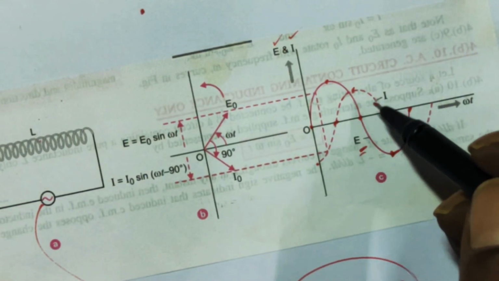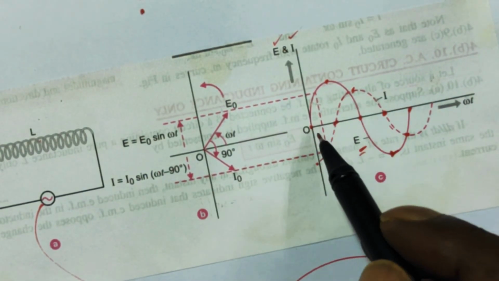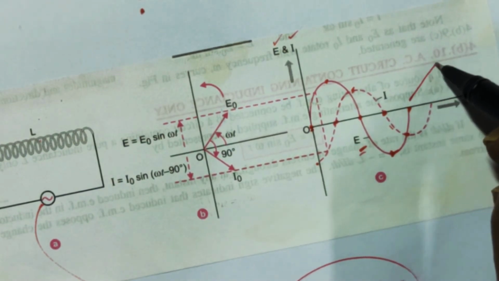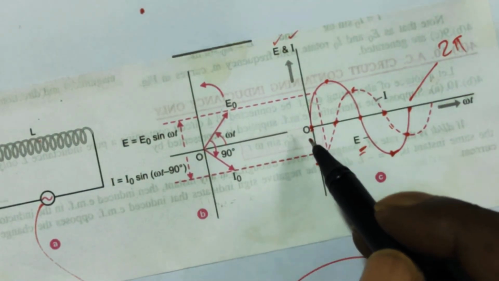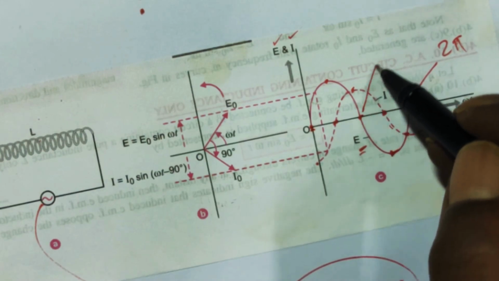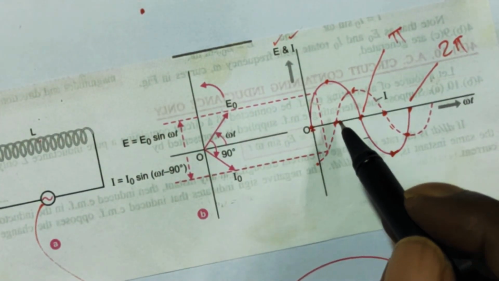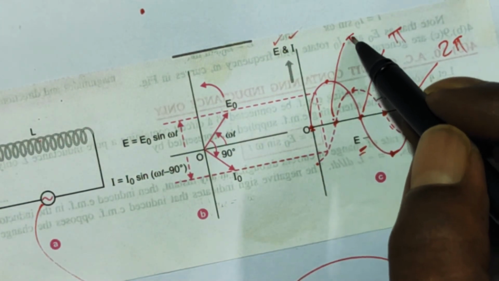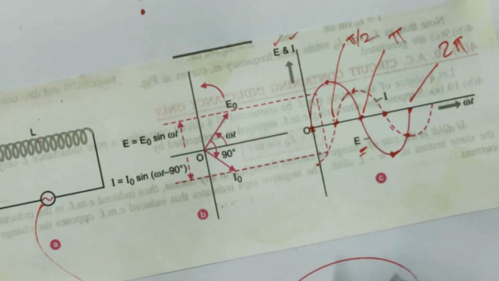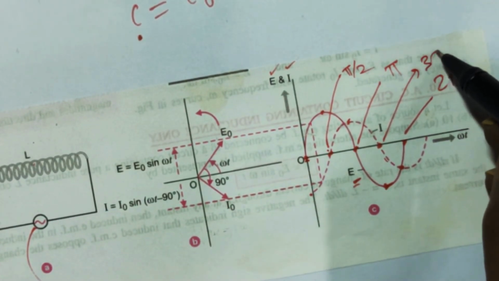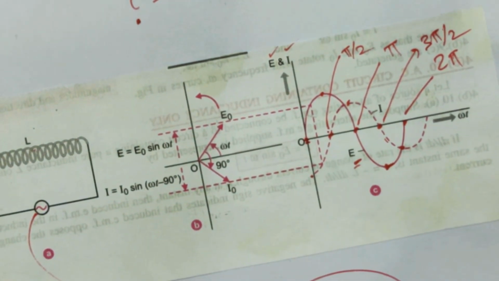I am telling you once again. From here to here, I had explained, is 2 pi. So from here to here, half of that is pi, and half of this, that is this point, is pi by 2, and this point is 3 pi by 2.